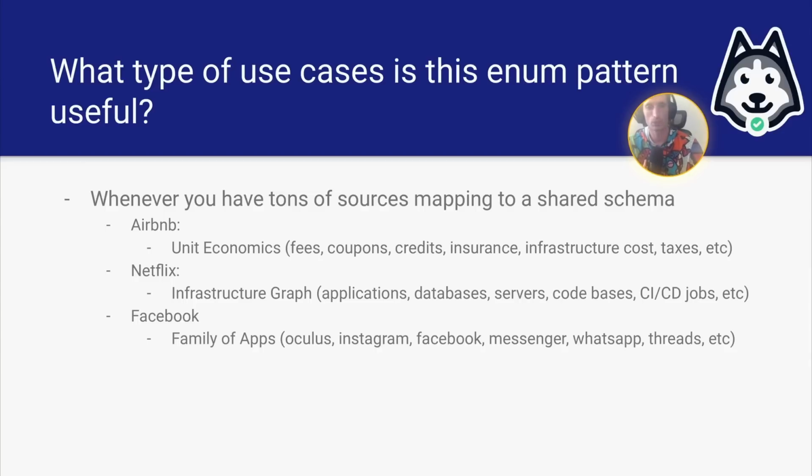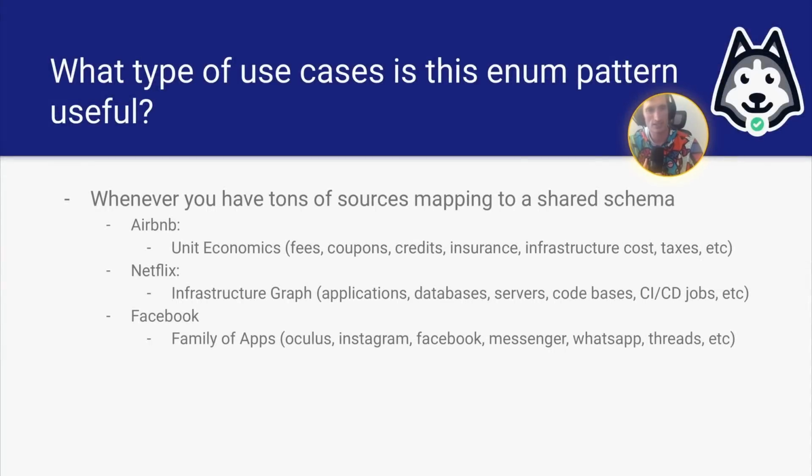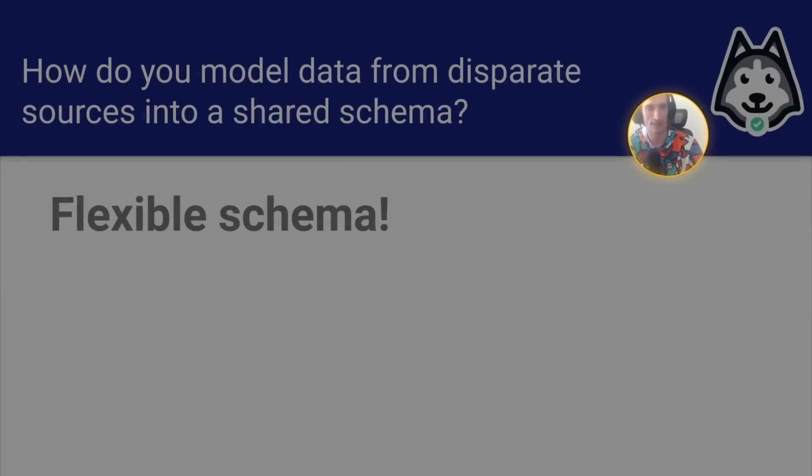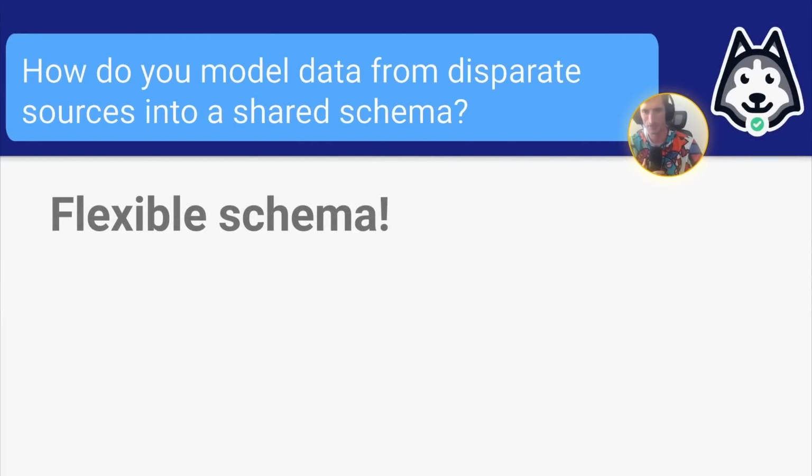Okay, so one of the things I was talking about in this pattern, if you remember back here where we have that shared logic and that shared output, is that all of the data ends up being in the same table. So how do you model data from disparate sources into a shared schema?